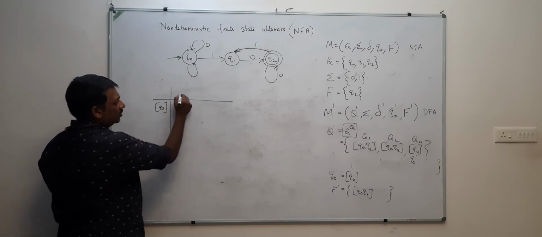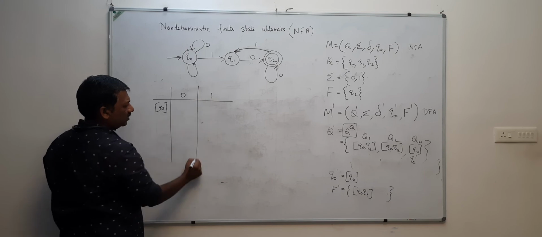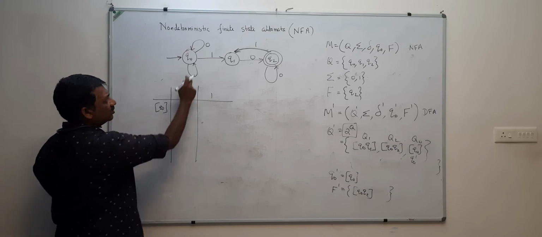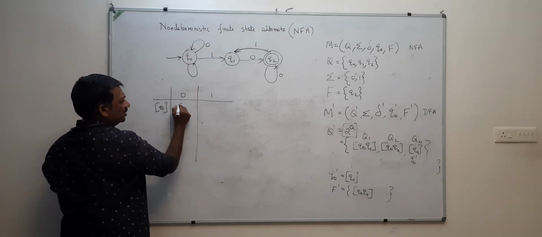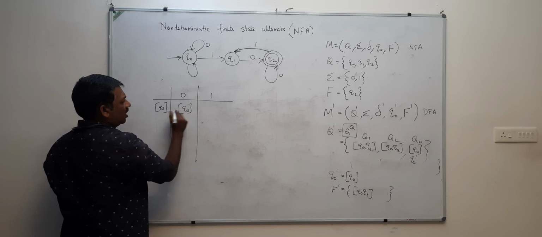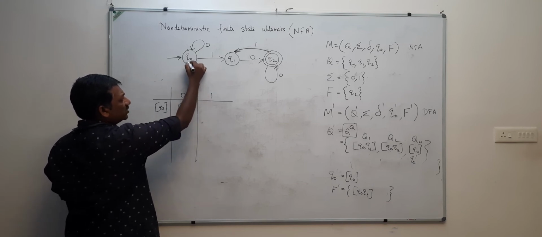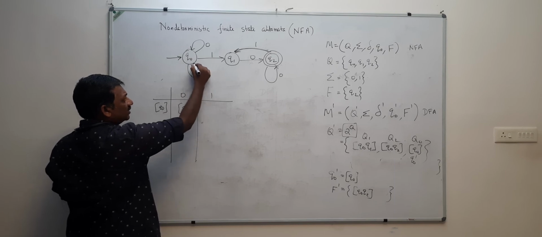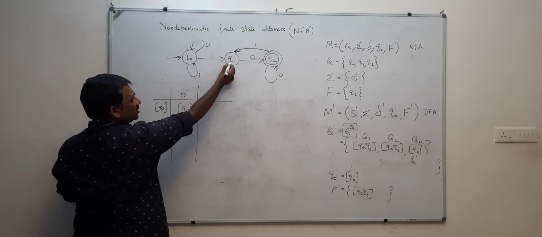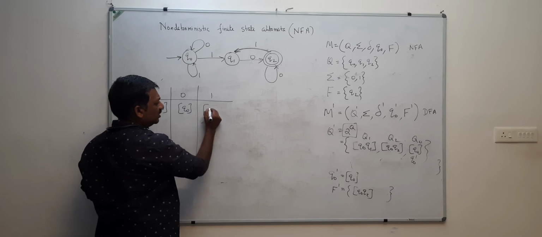See, you have two inputs, 0 and 1. What is q0 on accepting 0? q0 on accepting 0 takes the same state q0, and q0 on accepting 1 either stays in the same state or switches to state q1, and that is represented by {q0, q1}.